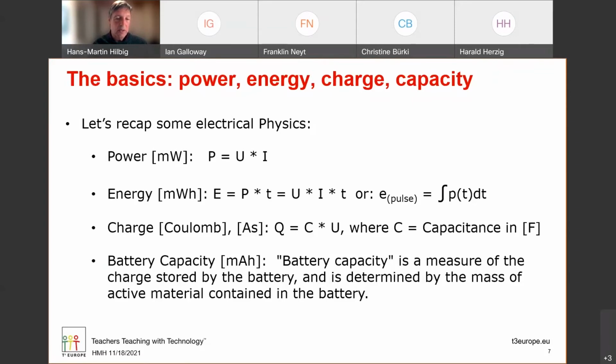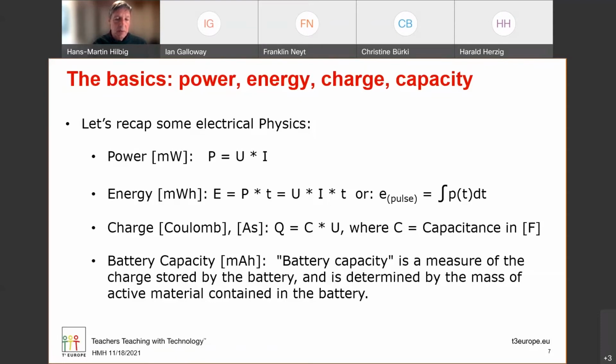And energy typically, at least here in my presentation, is measured in milliwatt hours, or you can measure it in watt hours, and you have to write a couple more zeros and be in a floating point domain. But in milliwatt hours, this is what is normally typical for one electronic device.